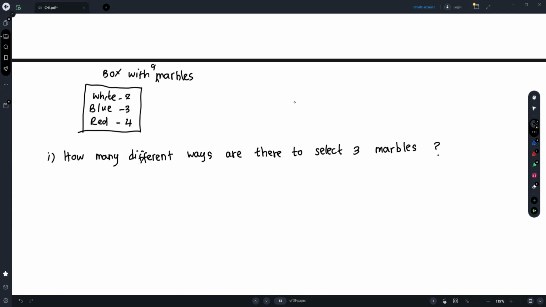Just selecting 3 marbles out of the 9. What is the answer? Until you find the answer, I'll give you the second one.